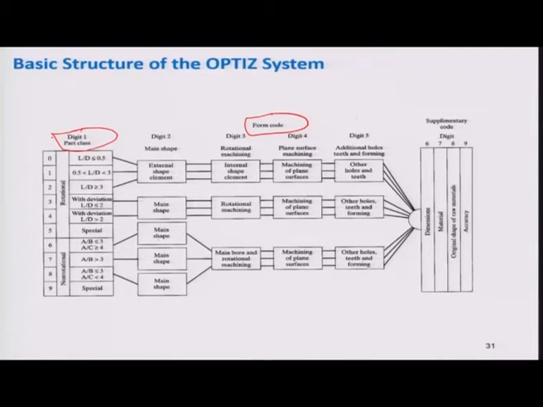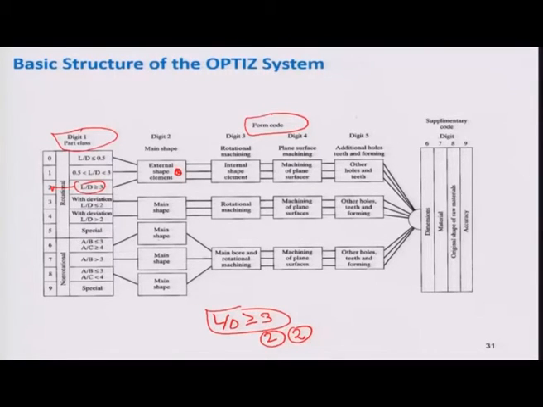Suppose a part has dimension ratio L by D greater or smaller than 3, so the first digit will be 2. You will have to select digit 2. And in the form code, suppose it requires an external shape element, then it goes through the internal shape element, machining of plane surface, auxiliary holes and teeth. So it will be signified as digit 2 again.